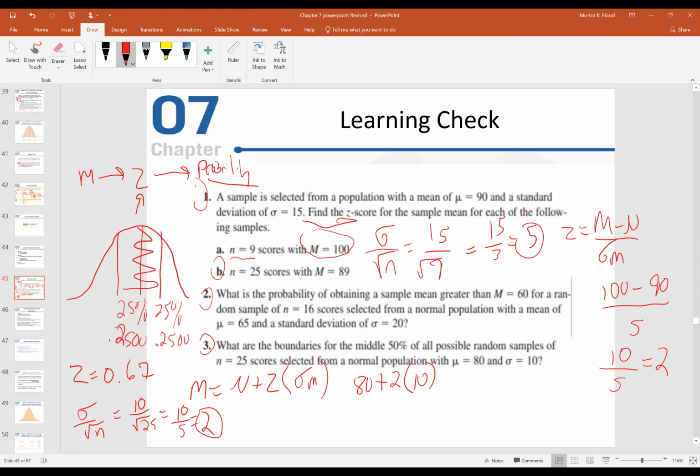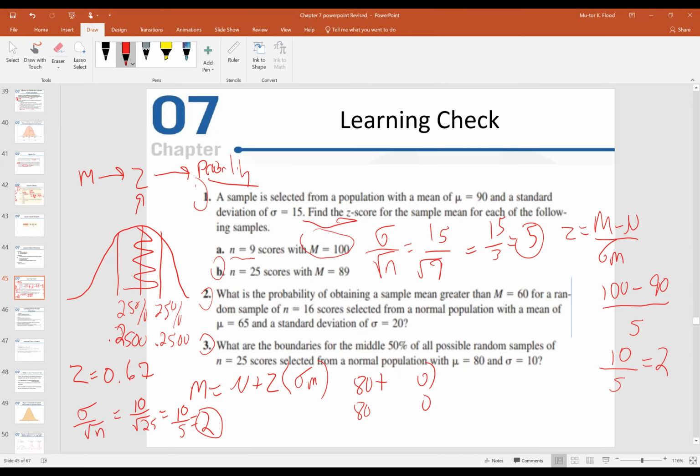The other one is going to be 80 minus 2 times the standard deviation of 10. Oh, wait a minute. No, that's wrong. I'm doing this all wrong.